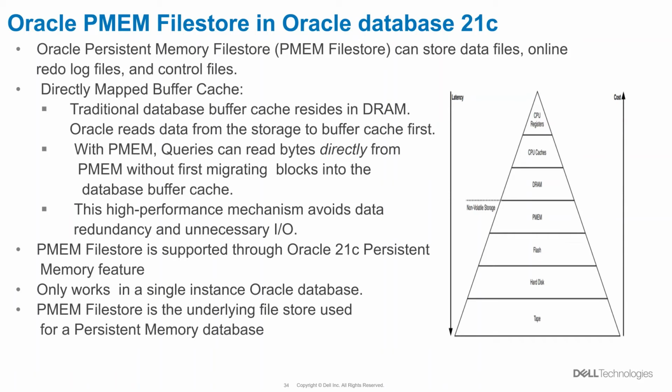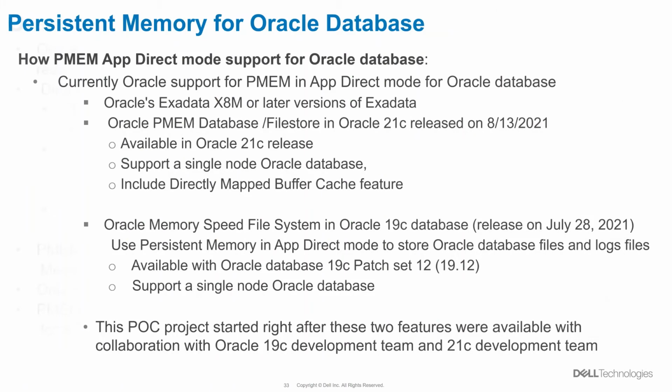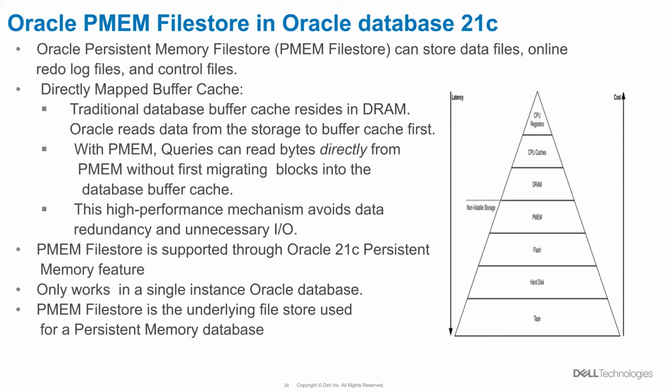The second thing is Oracle 21C actually provided DAX support, which means the Oracle database query can directly read the data from PMem without copying the block from PMem to database buffer. So this is only for read, not for write. And this feature is only available for 21C, not in 19C. We'll talk about 19C.